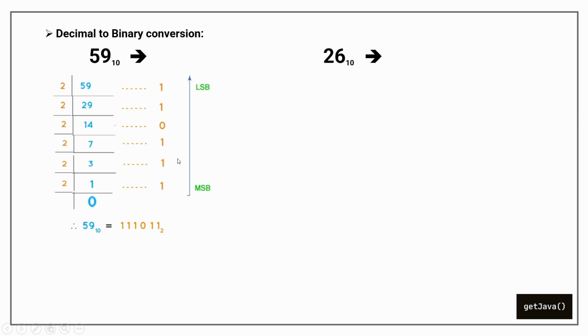Now you might have a doubt, like in Java, this 59 is by default an integer data type, and integer data type is having 32 bits of space allocated to it. But in our case, when we see this binary number, we only have 6 bit, 1, 2, 3, 4, 5, 6 bit. So what will happen to the remaining 26 bit?